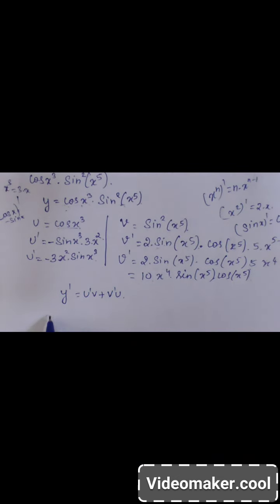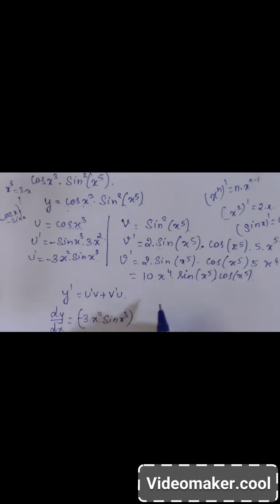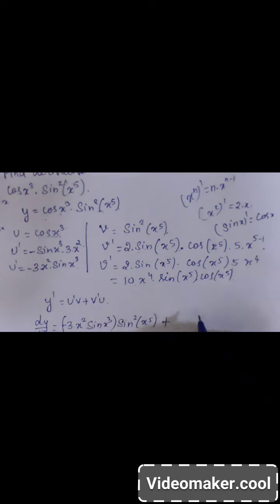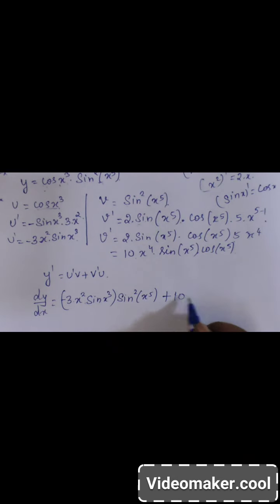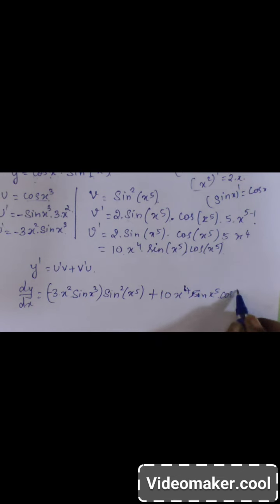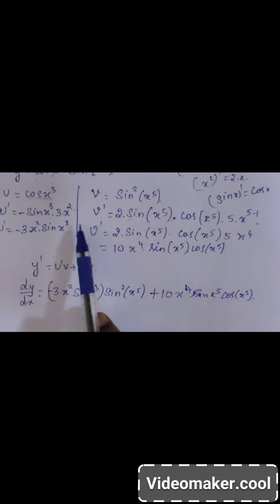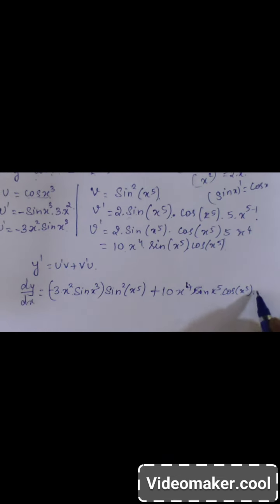So here dy by dx equals u dash, which is minus 3 x square sine of x cube, and v is sine square of x power 5, plus v dash, which is 10 x power 4 sine x to the power 5 cos of x to the power 5, and u is cos of x cube.